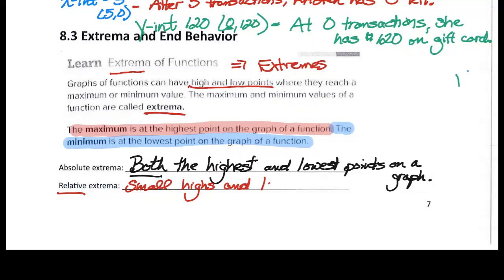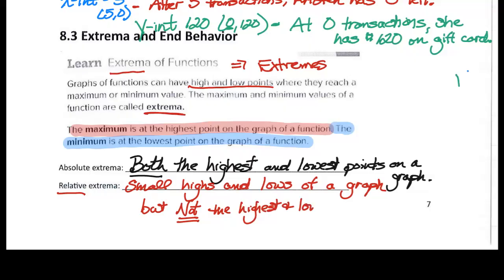Small highs and lows of a graph, but not the highest and lowest points. Okay? So small highs and lows of a graph, but not the highest and lowest points.